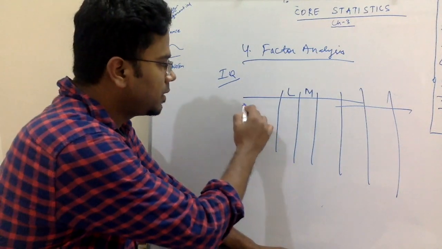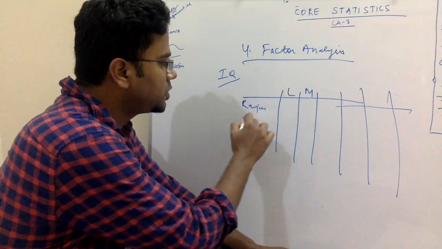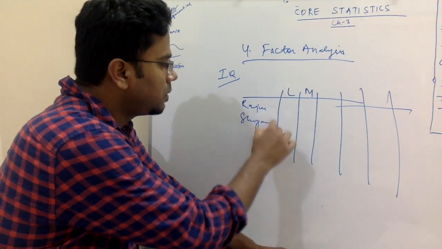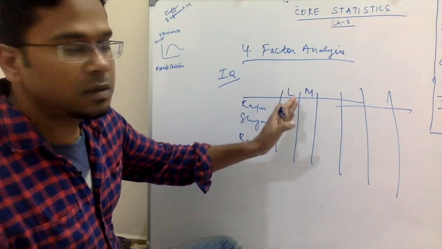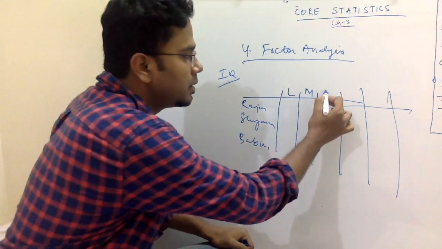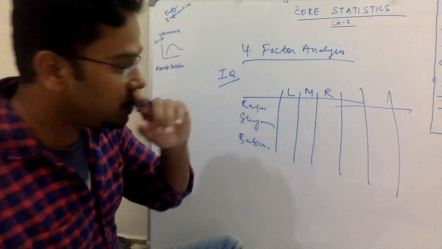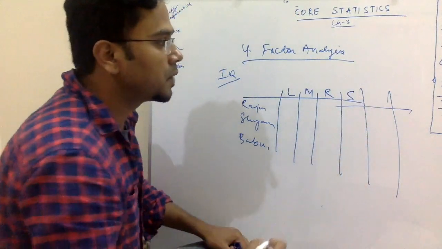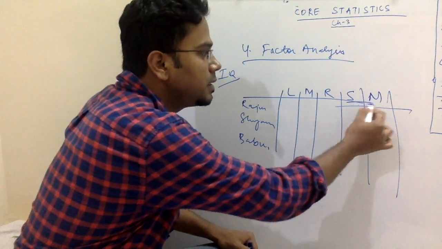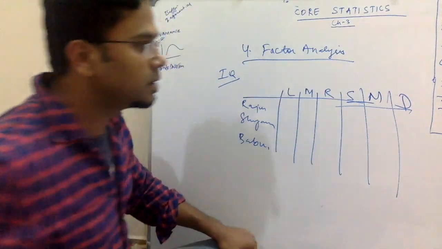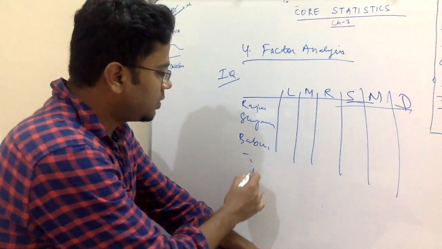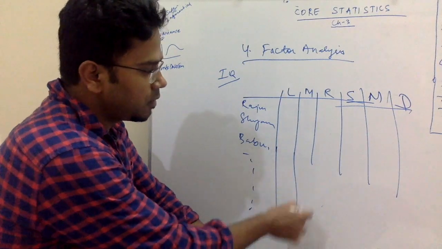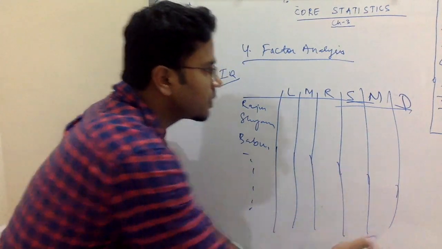These are the people: Raju, Shyam, Babu bhaiya. Maths, language. Then you check their reasoning abilities. Then you check their spatial abilities. Then you check their musical abilities. Then you check their dancing abilities. You have a lot of this. So when you analyze, there will be more people like this. You have thousands of data points.